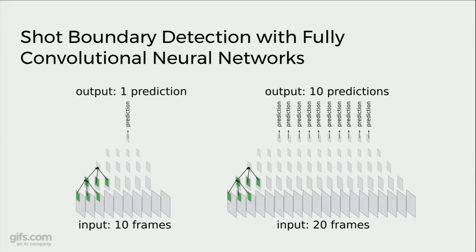So now we don't move the convolutional filter in space, as I've shown in this illustration before, but we move it over time. And this allows us to reuse activations of neurons. For example, for the last prediction on top, we would only really need to compute this last set of activation maps. This means we can make frame-accurate predictions by just looking at each frame once.